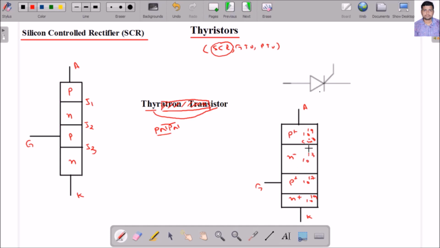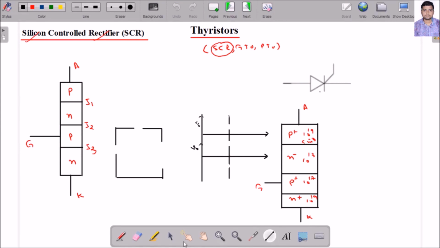If the width of the depletion region is more, it can block more voltage. This is the concept I have explained in the power diode. So according to the continuity equation, if the doping concentration is low, the depletion region width will be more, and definitely it can block more voltage, or it requires more voltage for breakdown. Clear?